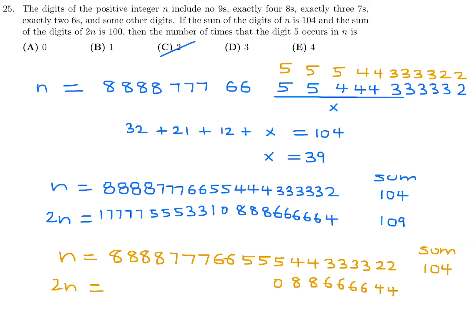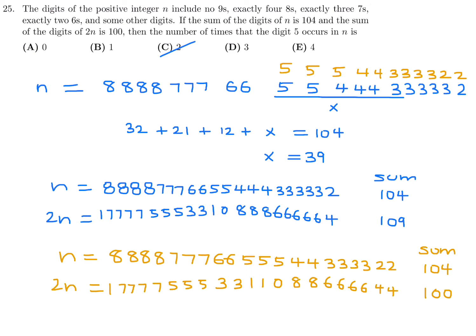So it's going to be 0, 1, 1, 3, 3, and then 5, 5, 5, and then 4 7s, and then a 1. Now, what is the sum of the digits of this number? The answer is 100.